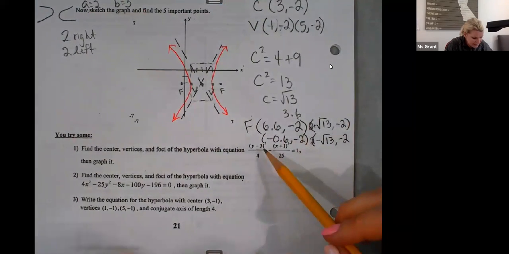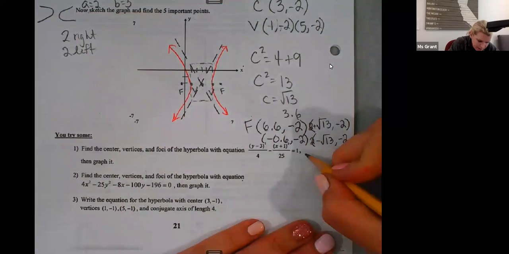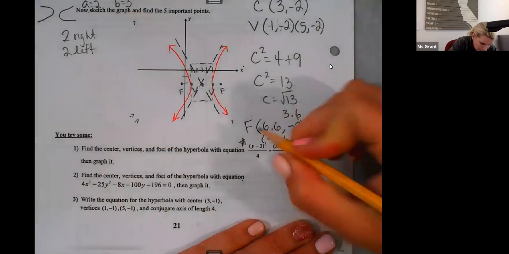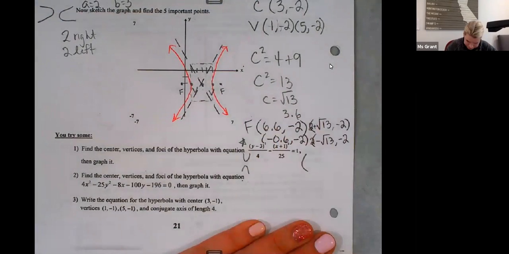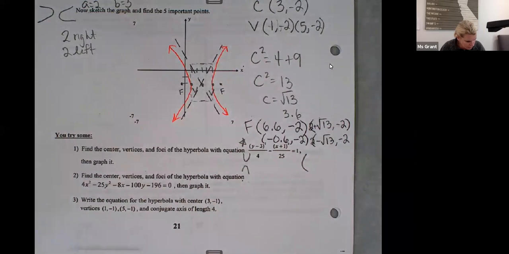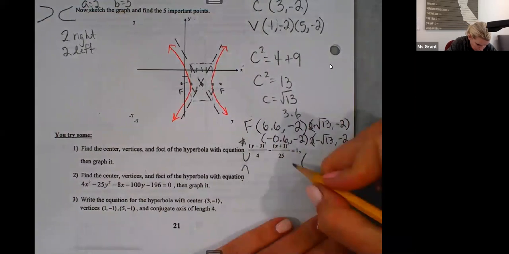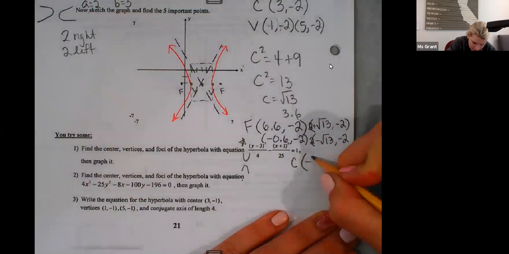Oh, look, my center is still HK. Even though Y is in the lead, this is going to open up and down. My center is going to be -1 comma 3.